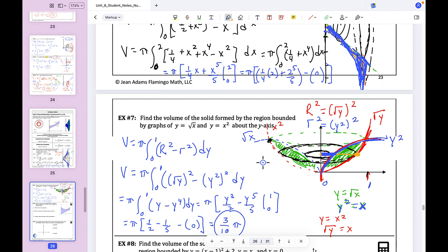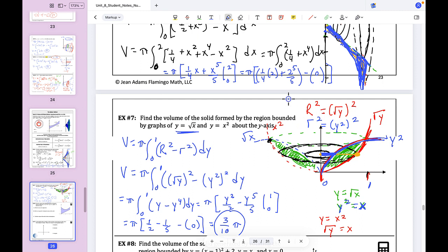Because we are rotating around the y-axis, instead of having y equals something, I need x equals something. This was kind of a confusing one because even when I solved for x instead of solving for y, they looked similar. So I had to be really careful about how I labeled these functions.